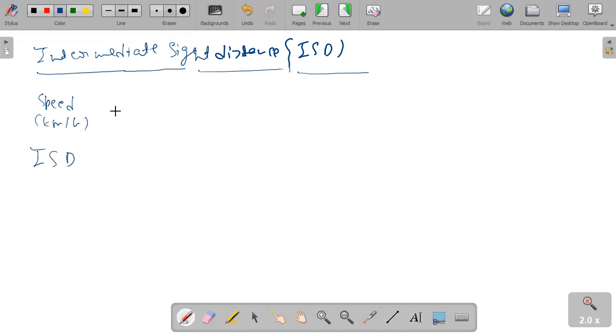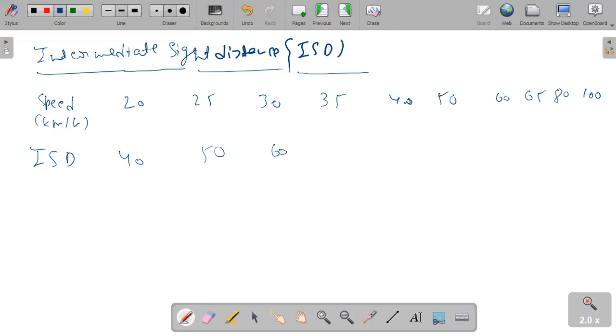If you have a speed of 20, 25, 30, 35, 40, 50, 60, 65, 80, and 100, then you'll get intermediate side distance of 40, 50. For 30 kilometer per hour you'll get 60.